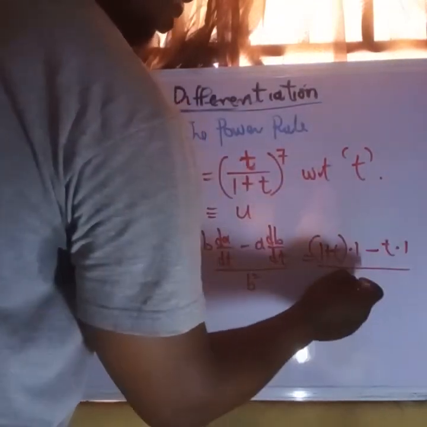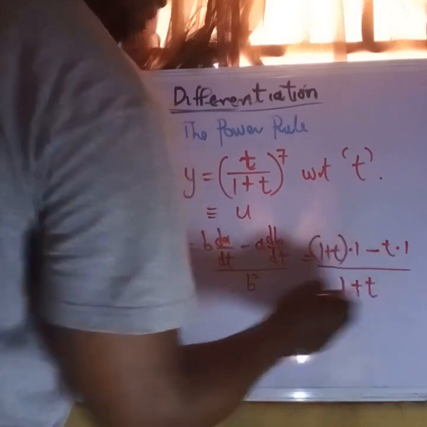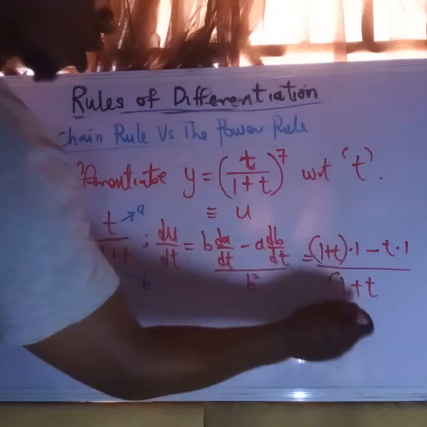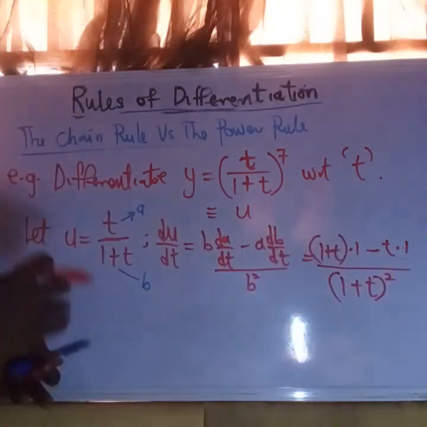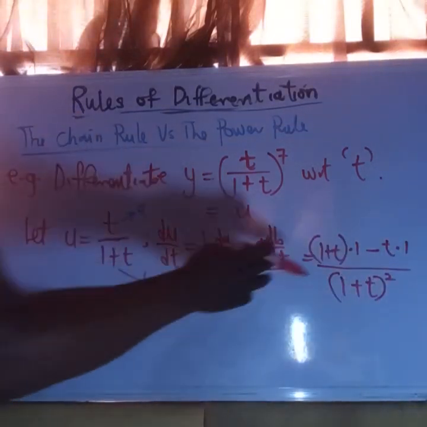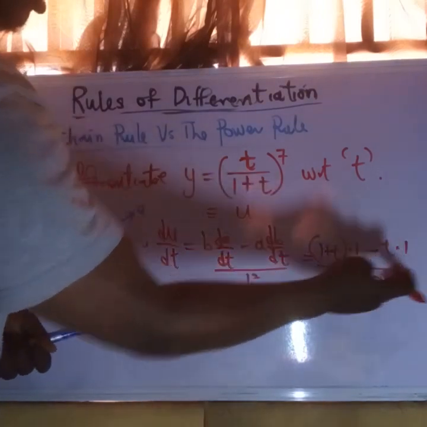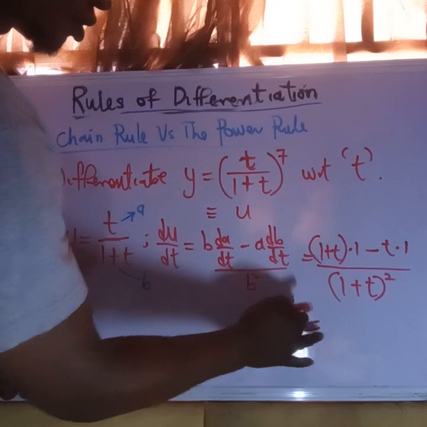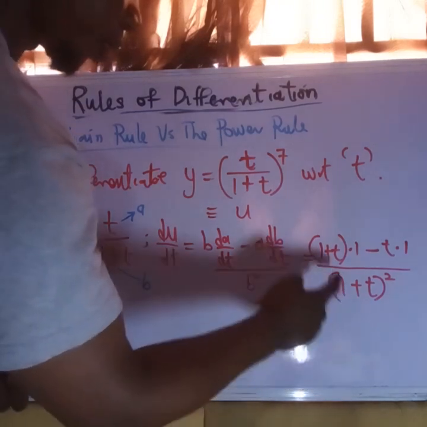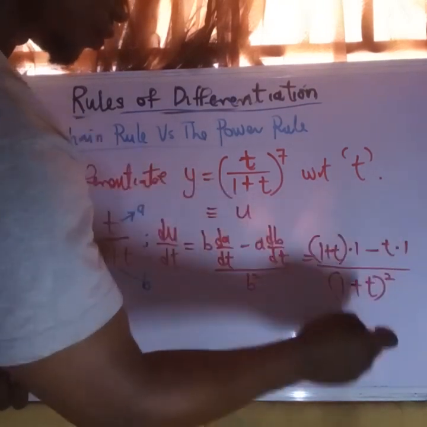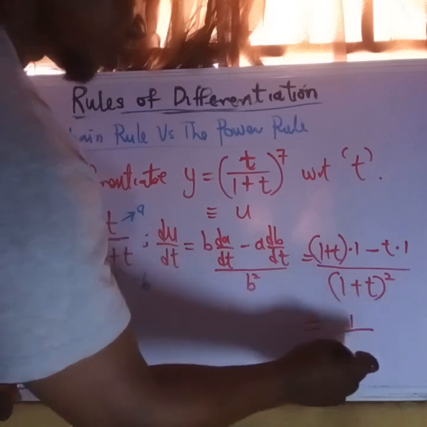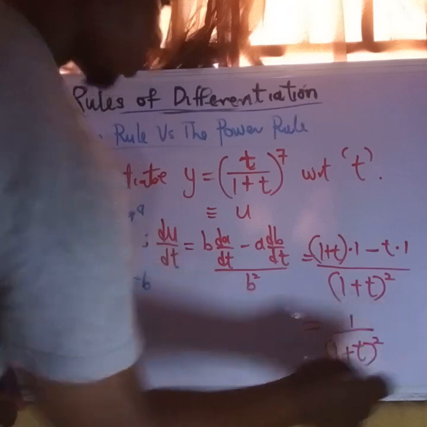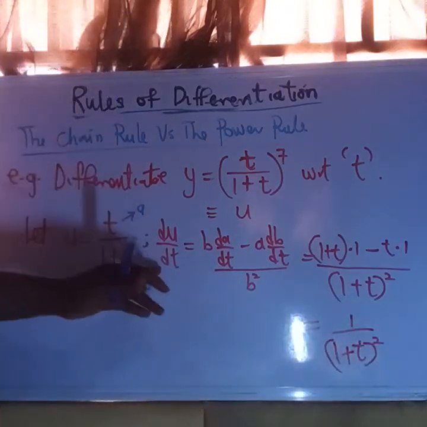Everything is over b squared, that is 1 plus t all squared. If you open the bracket here, t times 1 is t. This 1 does not affect this, so the t cancels t there, and the main term here will be 1 all over 1 plus t all squared. So this is the derivative of u with respect to t.